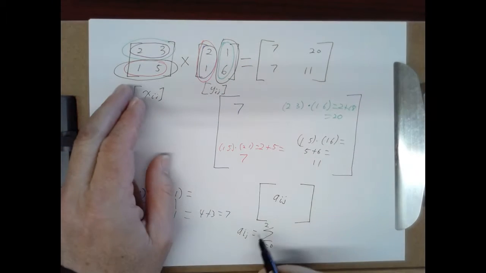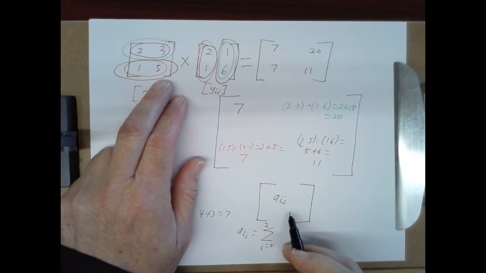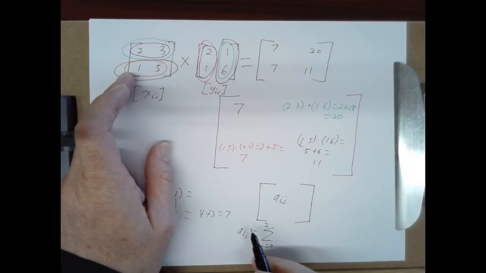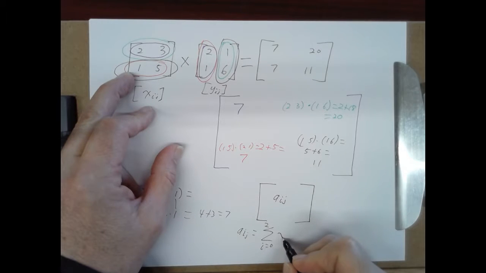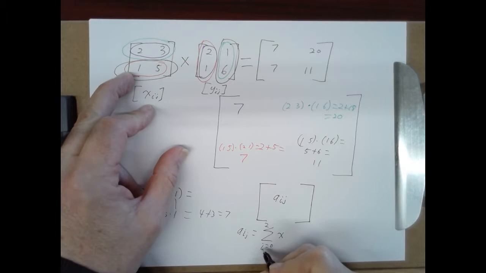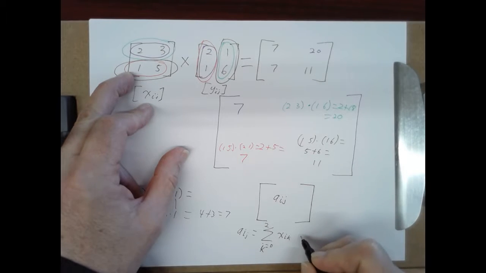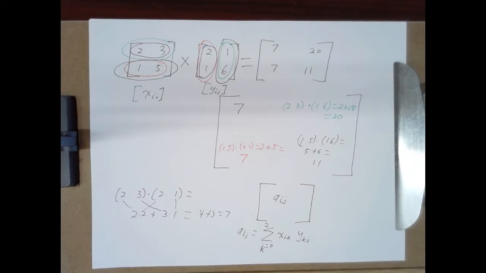So the element in row I, column J, says take the elements from row I in our first matrix. So x, and I need a different index here, x ik times y kj, I believe.